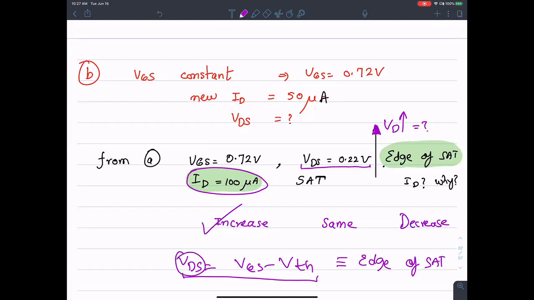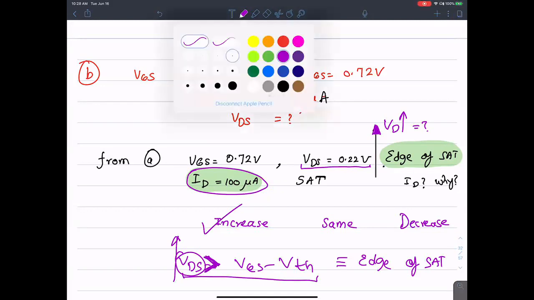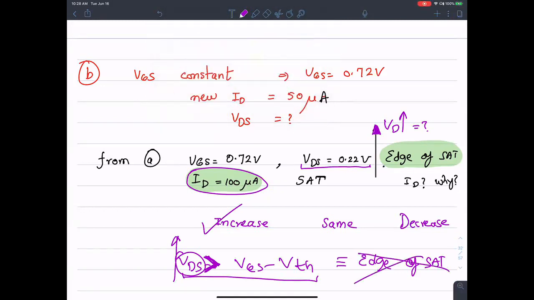But when I increase VDS independently, then VDS is not VGS minus VTH, so we are not on the edge of saturation anymore. So we'll be in regular saturation. In regular saturation, what do you think happens to ID if I increase VDS?